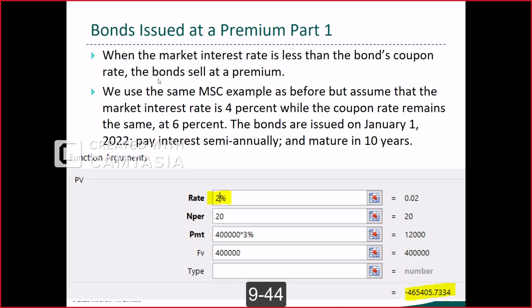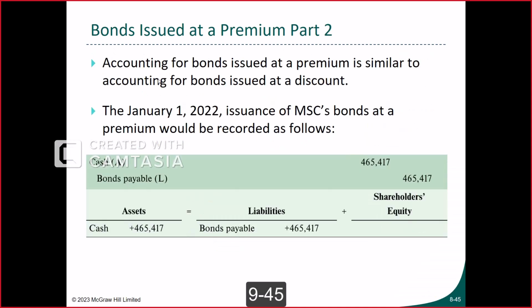That is the premium, a premium of $65,000 for 105. This is an issuance made at premium. The reason for the premium is that we are offering a coupon rate which is higher than the market rate. The accounting for this is very similar, except that the bonds payable on the credit side as a liability will start with an amount which is higher than the principal.